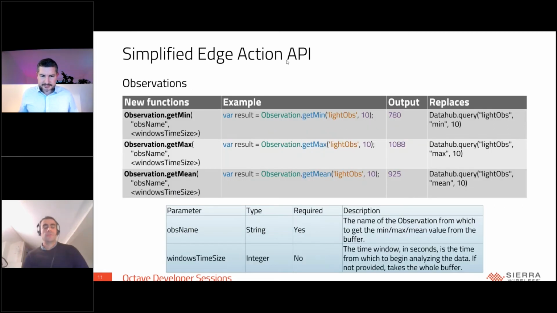We also support observation statistics. It was supported before by datahub.query. And so we provided those three functions: observation.getMin, getMax, getMean, to more easily provide the service.